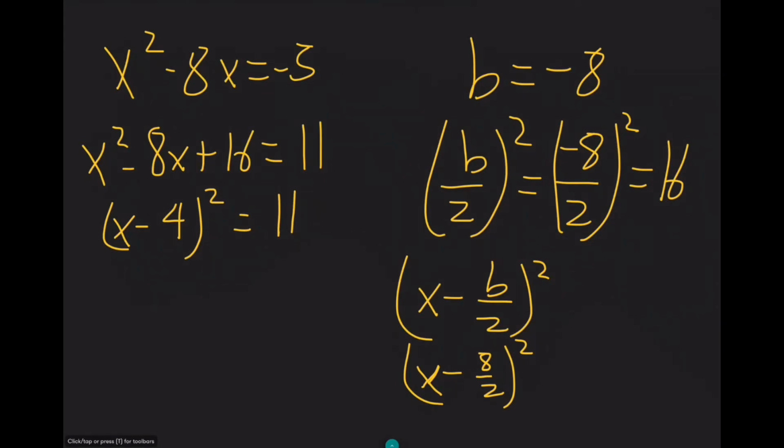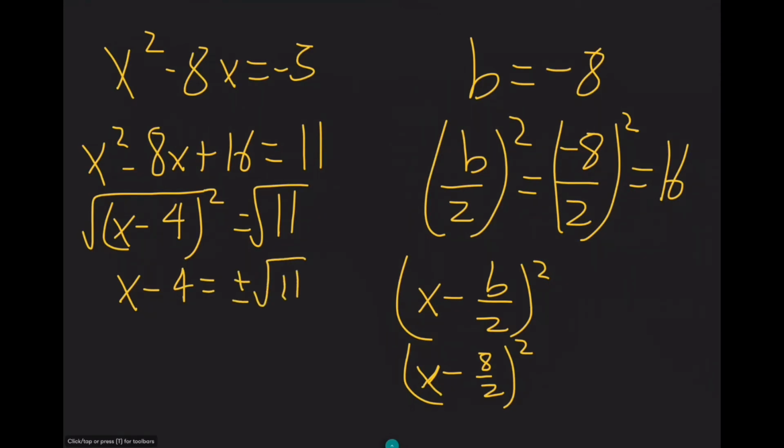So now we're trying to find x. So therefore we would square root both sides. It will be x minus 4 equals plus or minus square root 11. The reason why it's plus or minus is because you don't know whether it was positive or negative, because if you square a positive square root 11 and a negative square root 11, they're both going to come out as 11.